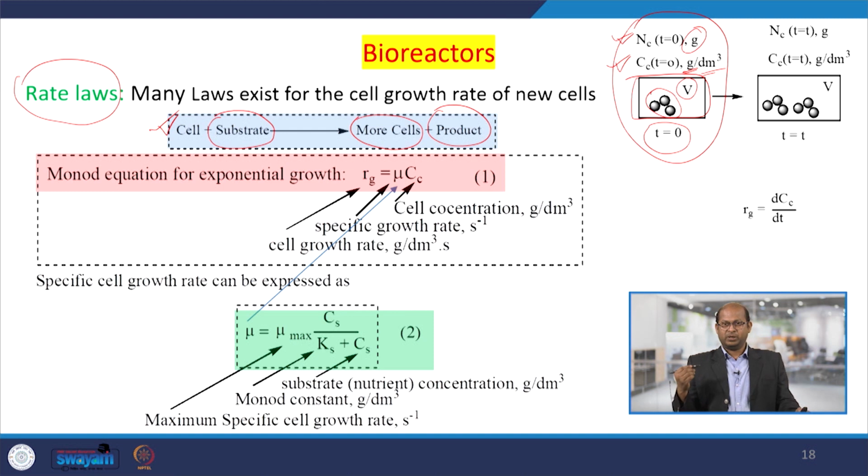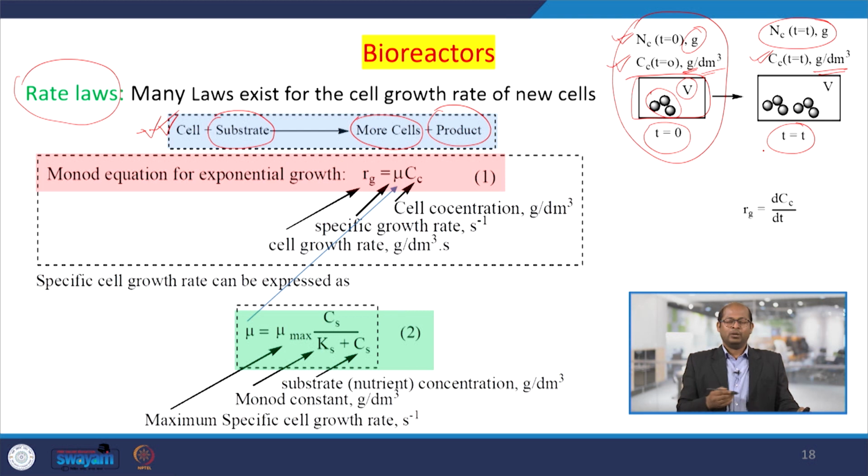So, per unit volume the grams of dry cell present inside of the reactor, and once time has passed in presence of nutrients, this type of reaction will take place inside of the bioreactor, then the number of cells will increase. So, the concentration, expressed as grams of cells per dm³, per unit volume of the reactor, increases. Okay. So, this is how the cell reaction basically happens.